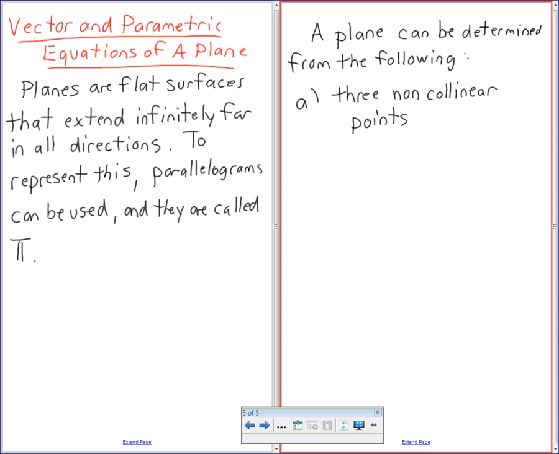Okay, so if you are given 3 points, you can make a plane from that. You can also make it from a point and a line.